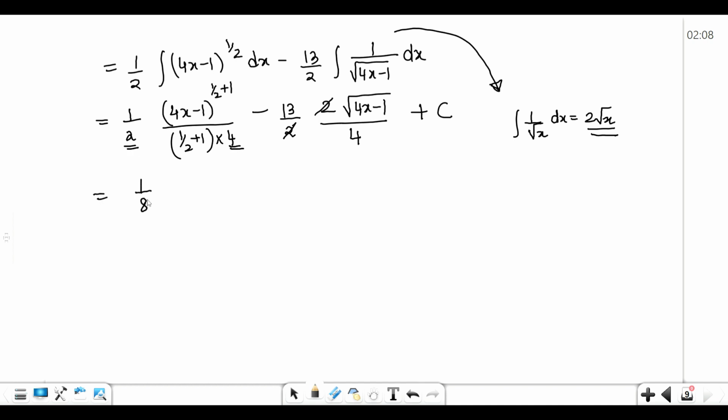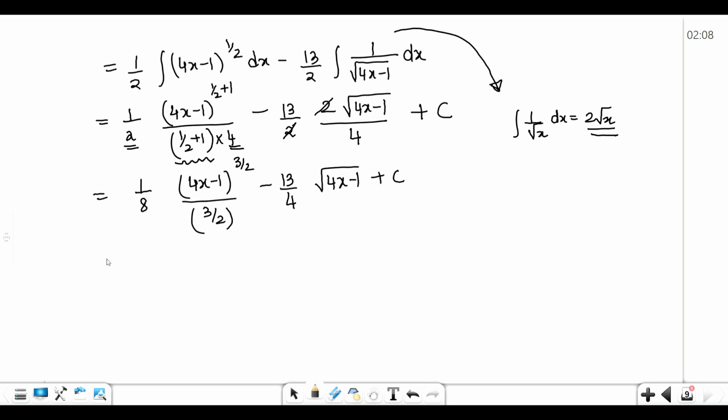And in the denominator you have half plus 1. So in the power it becomes half plus 1 is 3 by 2 again, and this is also 3 by 2. Minus 13 by 4 you can take it here, that gives you (4x - 1) plus c.